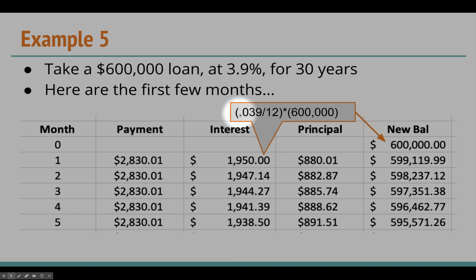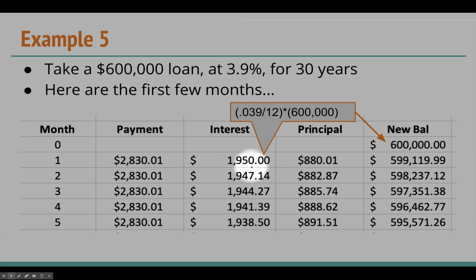This is called the periodic rate. It's the rate of interest that we're paying in that 1 month. So if we take that rate of interest on a monthly basis, and then multiply that by the balance of that loan as we're making that payment, then that's going to give us the total interest paid.